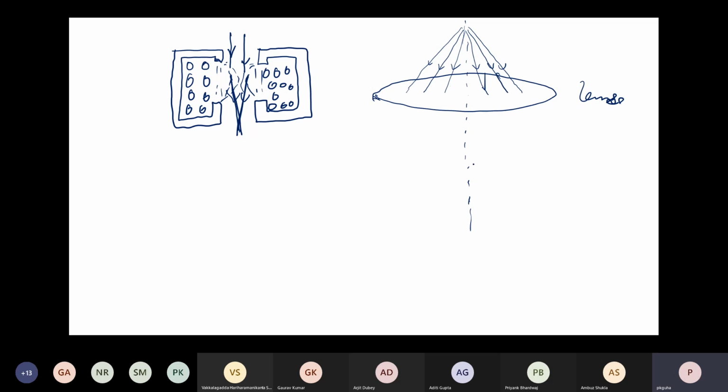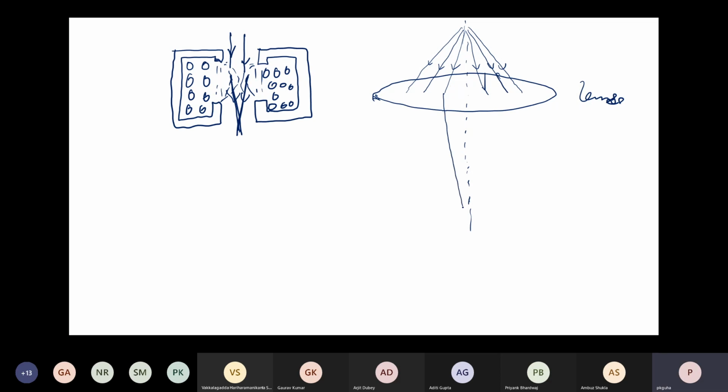Now the thing is, it is found that they will push back onto the axis, but that point of convergence is not the same for all the rays.